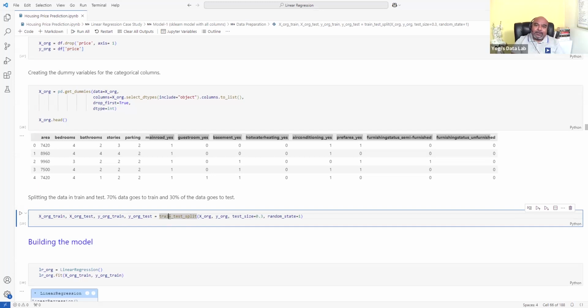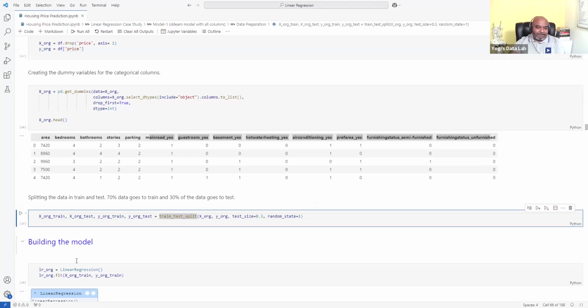I can give this value as 42, 2, 5, 15, whichever number I want, but just ensure that whenever you are running this code, the number doesn't change. That's random state. So I see that I have gone ahead and split my data into train and test.